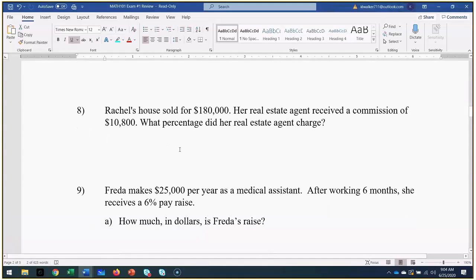Okay, now the next ones are more like the ones we were doing the other day with problem solving. We didn't get a ton of them on Tuesday, so this will be good review and more practice. So Rachel's house sold for $180,000.